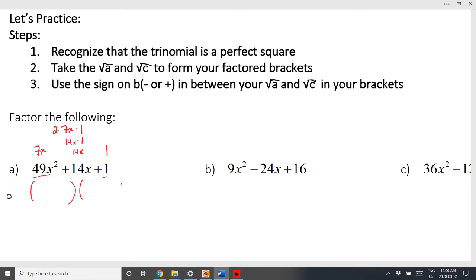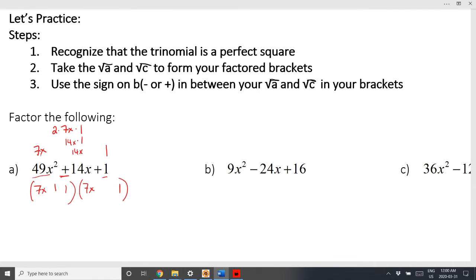Once we have those, what we can do is just write our factor brackets. And I'm going to put the 7x here. I'm going to put the 1 here. I'm going to put the 7x here. And I'm going to put the 1 here. And then what I look at is the sign on B, and we see it's positive.